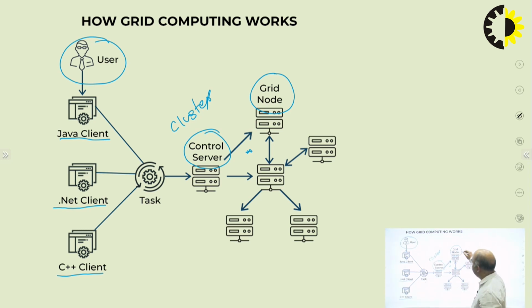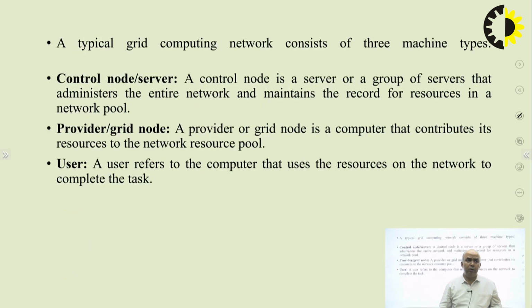Then we have grid nodes, which are the systems on which we deploy the software that will be helpful for grid computing. And the third one is the user, which provides the interface to the users. So typically a grid consists of three machine types, as I told you: control node or server node.